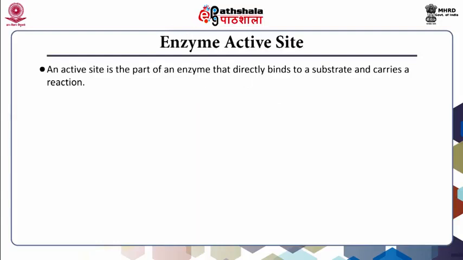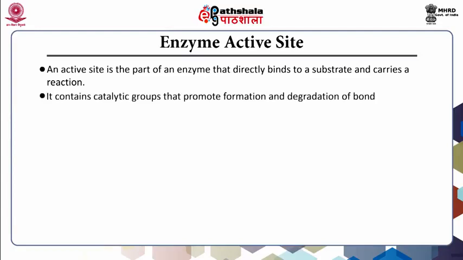The active site is the part of an enzyme that directly binds to a substrate and carries out the reaction. It contains amino acids that promote formation and degradation of bonds. The amino acid residues are called the catalytic groups. Active sites are formed when the tertiary structure of a protein forms the pockets or clefts where the ligand or potential molecules or small atoms can bind to the protein molecule.